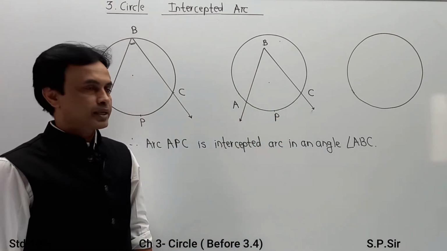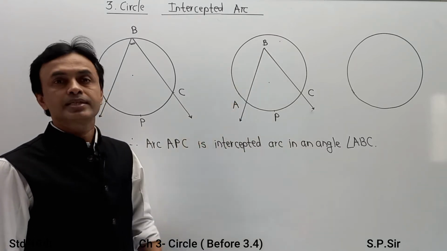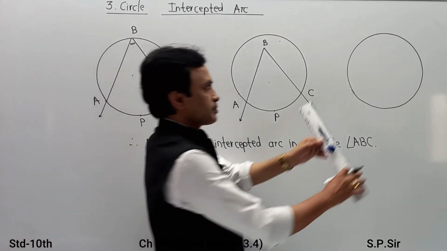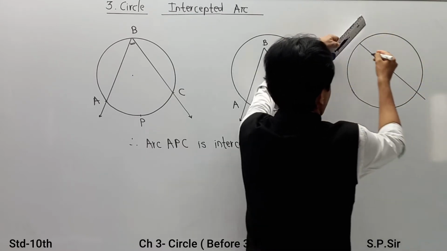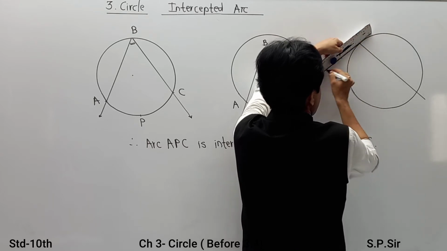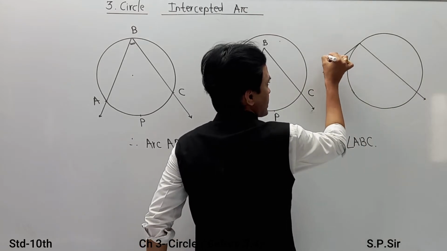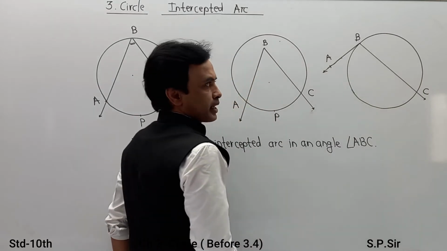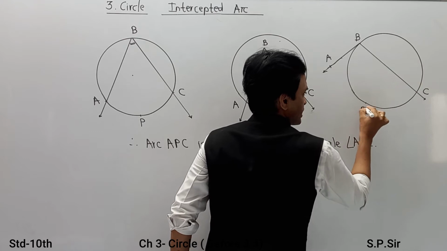Now the third part. In the third part also the pattern remains the same. Now this angle is formed inside the circle. If I form one angle such that one line is like this and the second line is like this, I indicate it as angle ABC, and the name of your arc is BPC.